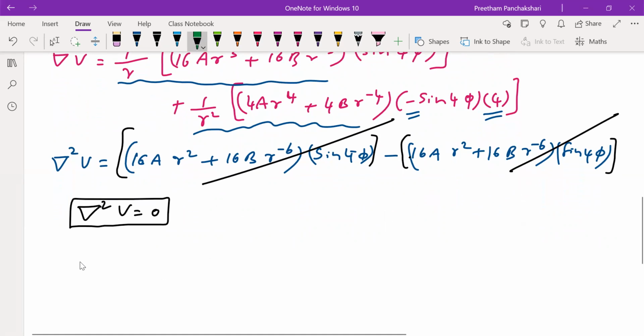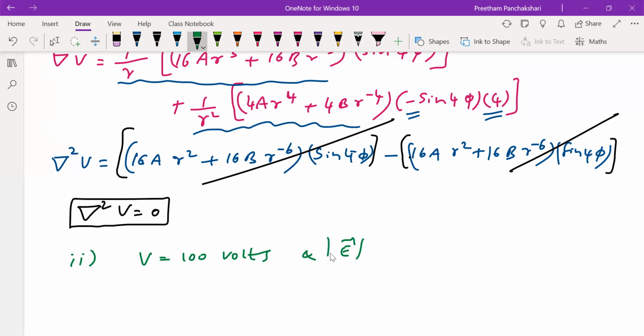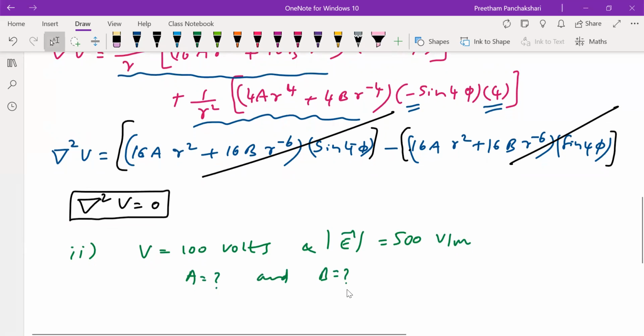Let me go to part 2 of the problem. Here V is given at a point, and magnitude of E is given as 500 volts per meter. So we have to find the constants A and B. What are these A and B?